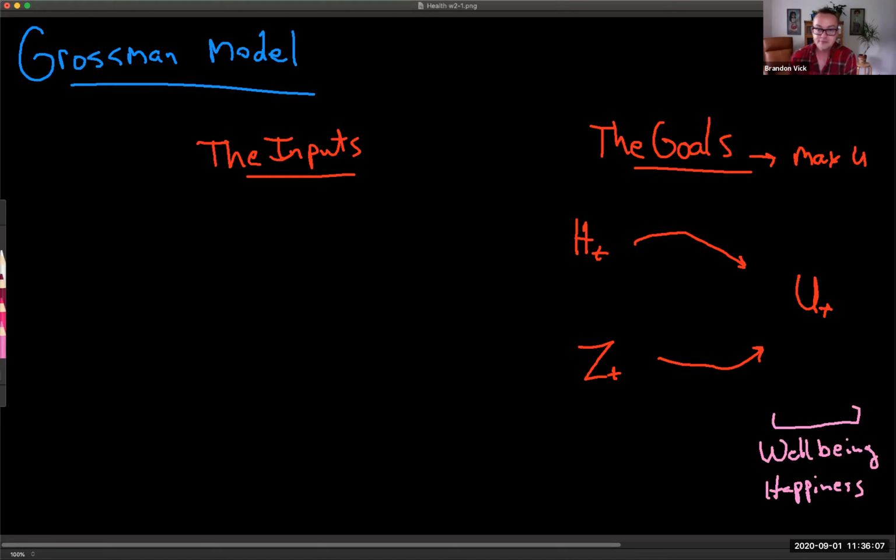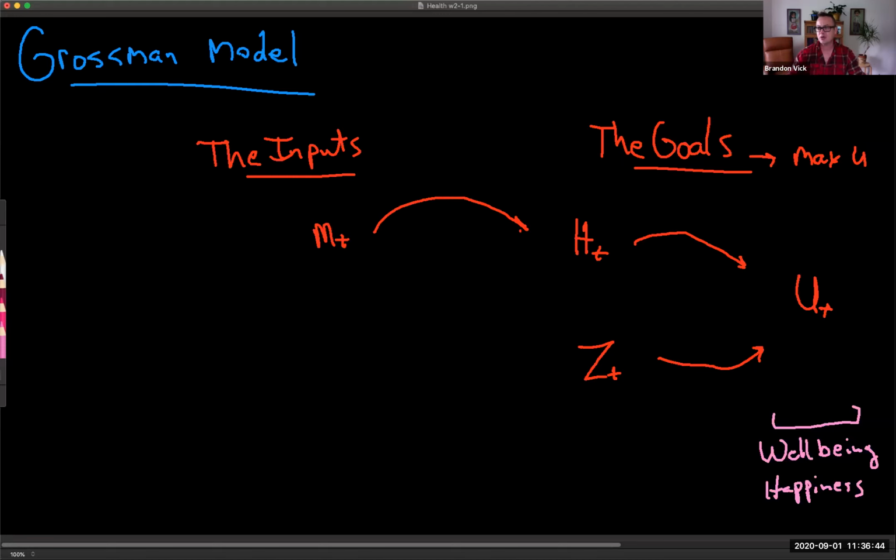Okay. Second part here is, to obtain health, we have to have a couple of things. All right. We have to invest in certain types of things that allow us to be healthier. Okay. And these are the inputs into health.